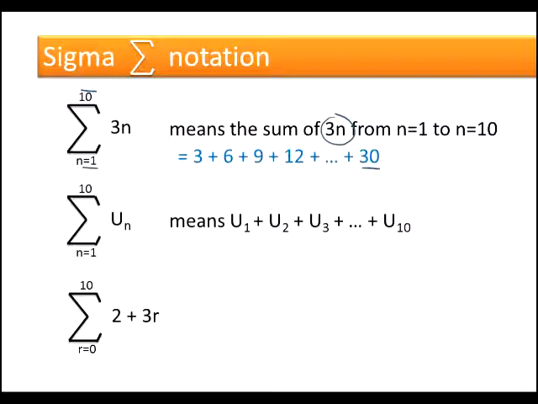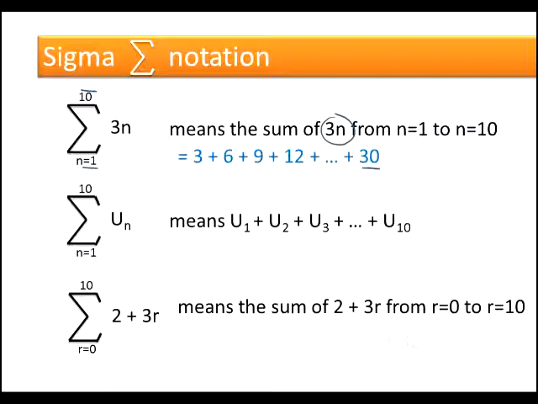So r is going to be 0 to start off with, and we're going to stop when r is 10. The first number when r is 0 is going to be 2, because 3 lots of 0 is 0, and we're going to stop when r is 10, so 2 plus 30 is 32.